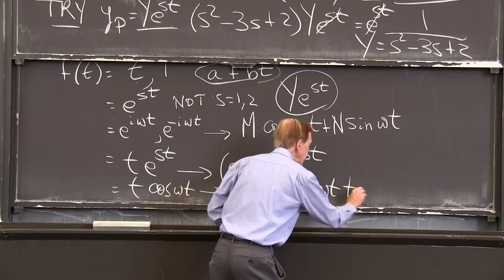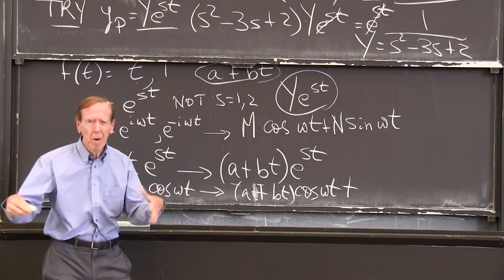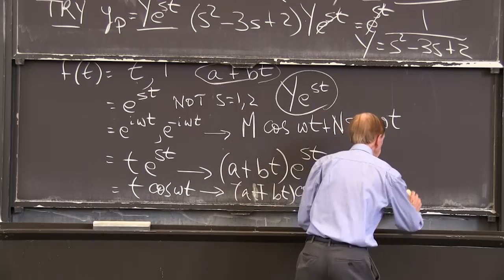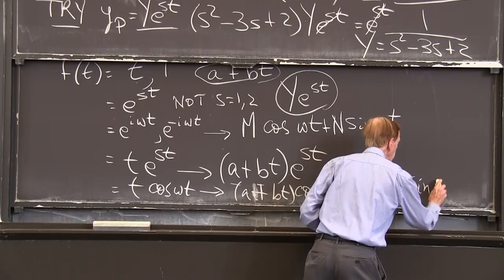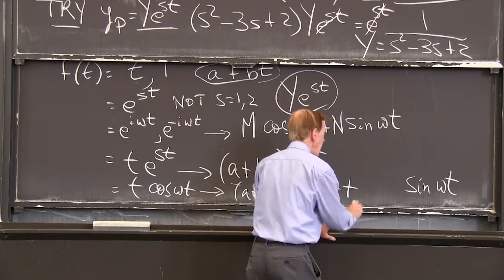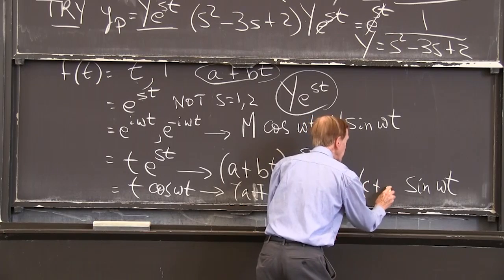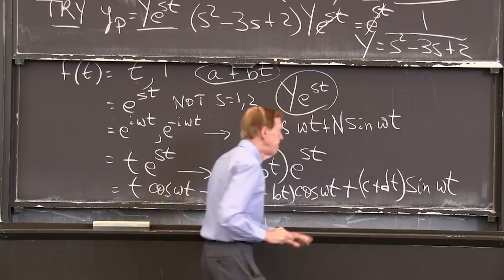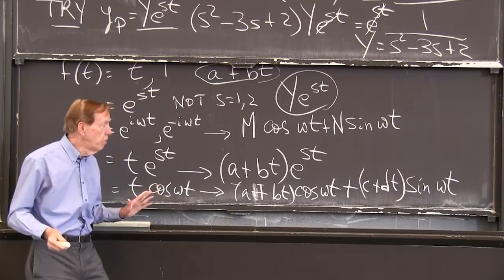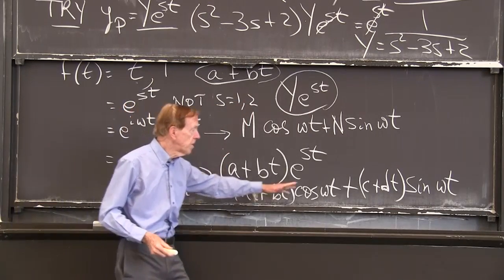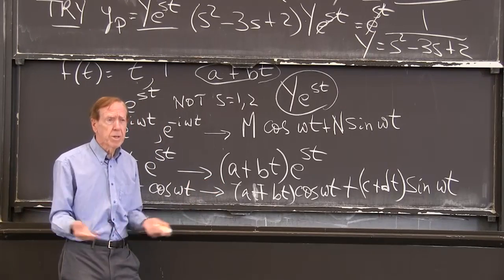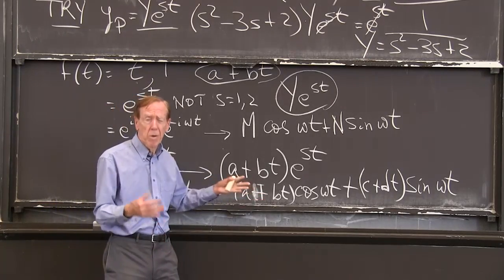And then, just to make the problem a little messier, it can't be helped, I need the sine. So I need a sine omega t, and I'm going to need a c plus dt there. Okay, I'm up to 4 coefficients to determine by plugging in. It uses more ink, but it doesn't use more thinking.